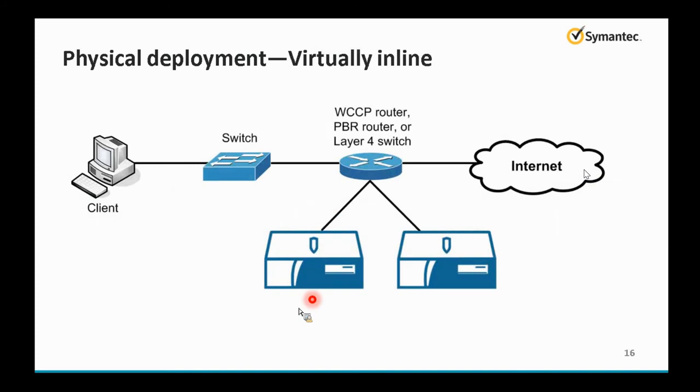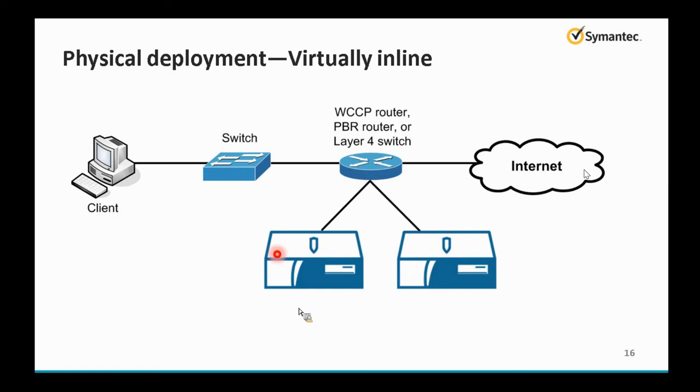Next one, virtually inline. So virtually inline, what is the use case of this first? So if you are going to deploy a proxy in a transparent client connection method, in a large deployment, you will consider using virtually inline.